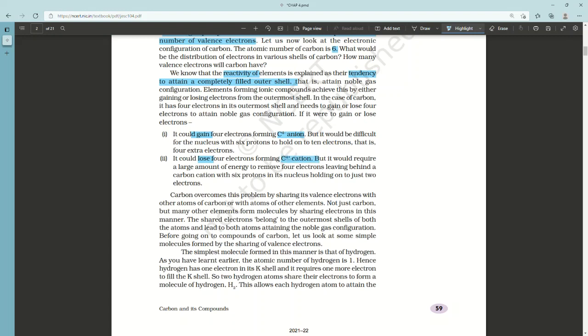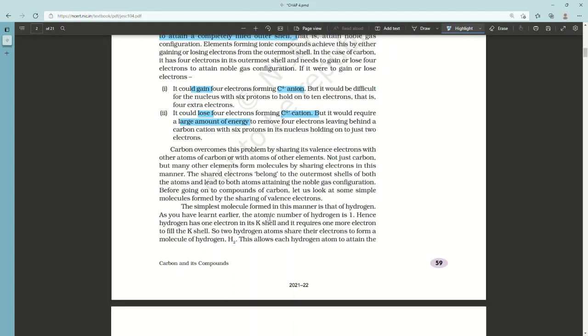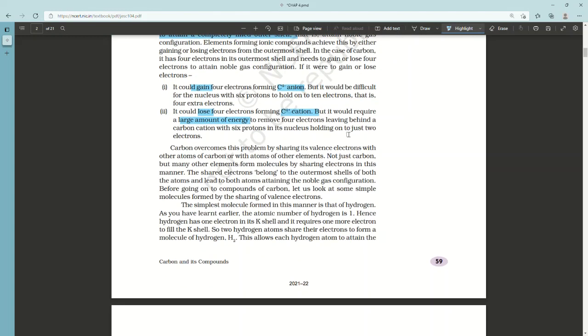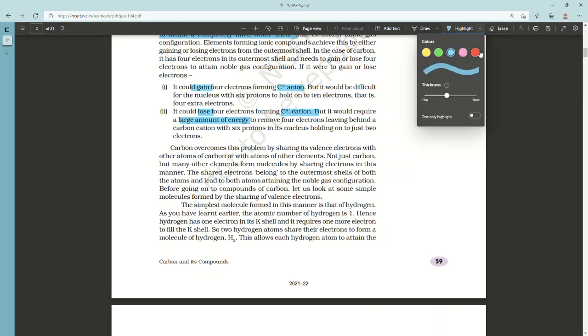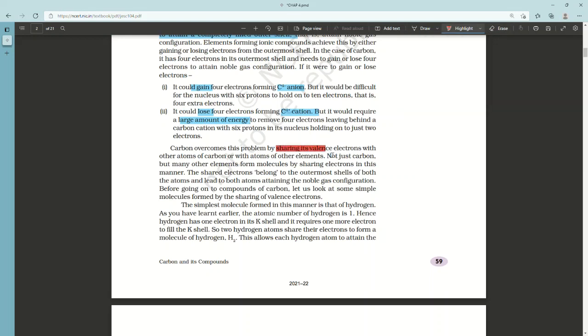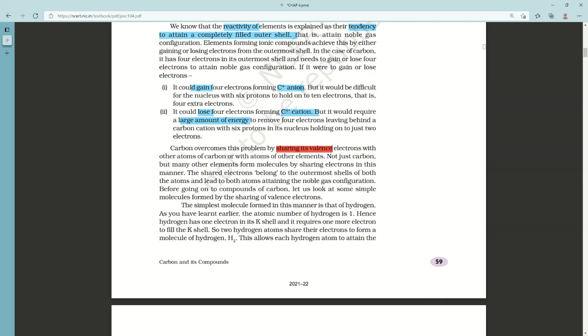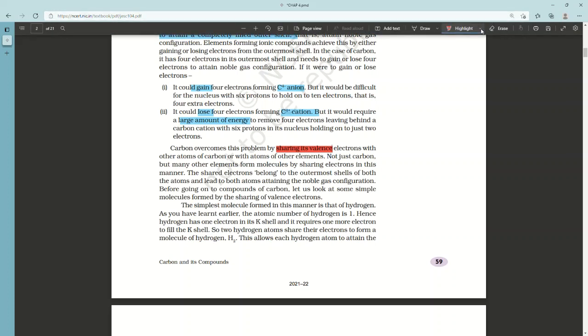Second, it could lose 4 electrons forming C4+ cation, but it would require a large amount of energy to remove 4 electrons, leaving behind a carbon cation with 6 protons in its nucleus holding on to just 2 electrons. Carbon overcomes this problem by sharing its valence electrons with other atoms of carbon or with atoms of other elements.